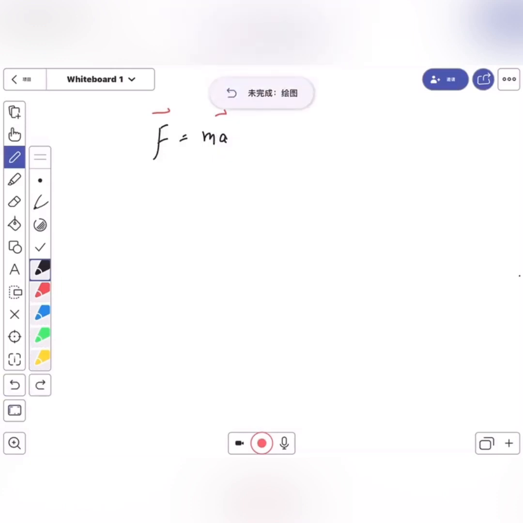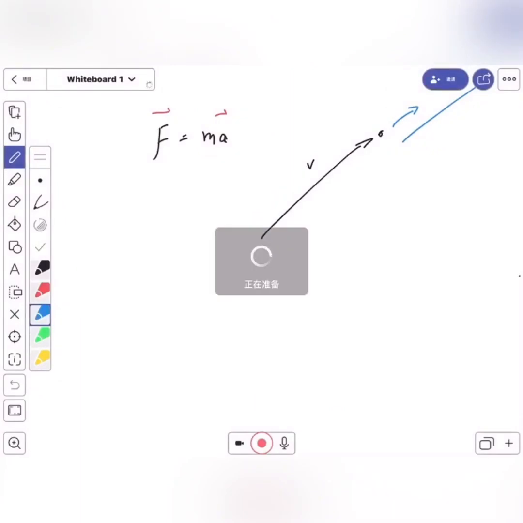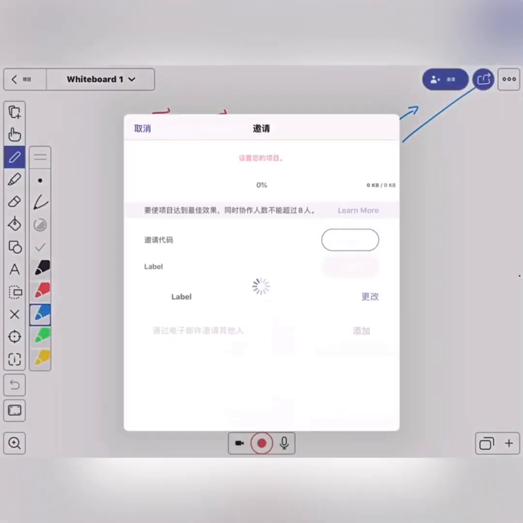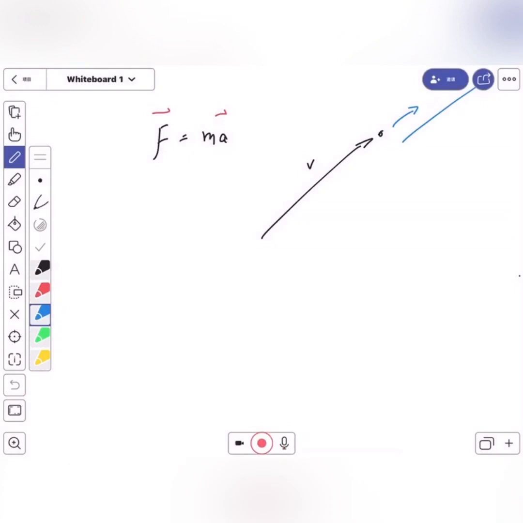When we have an object that moves with a velocity, at some time the velocity changes to be either smaller or larger, or it even changes direction. That is also a type of acceleration.